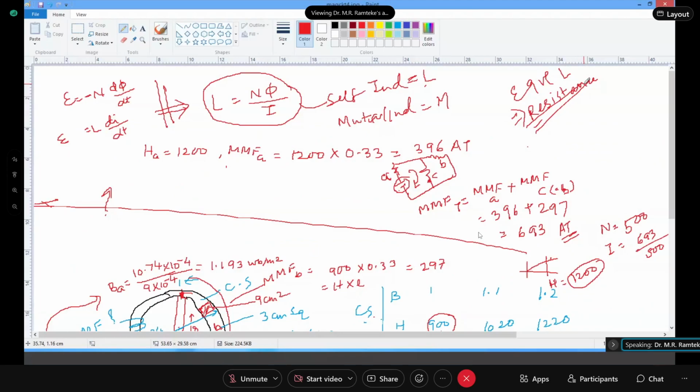Clear? This is just to give you an idea about inductances. Here, when we use the resistance laws, we are neglecting mutual inductance. It is applicable for self-inductance only.